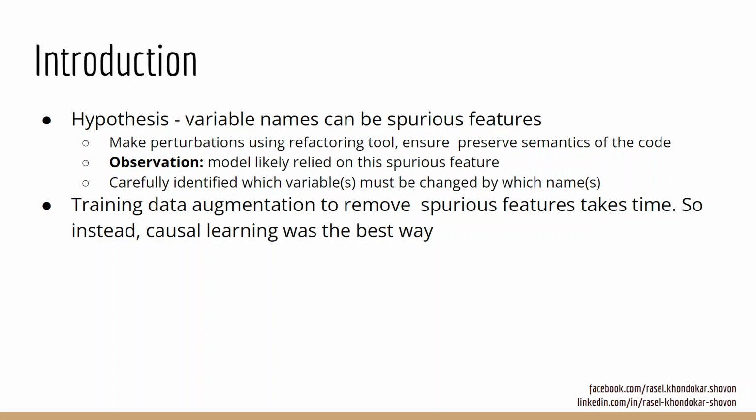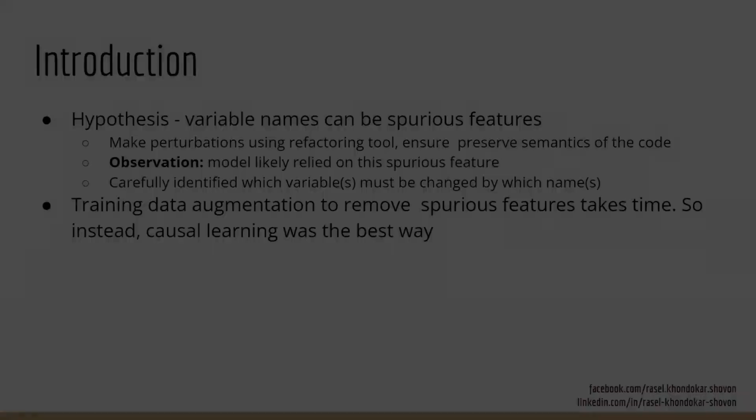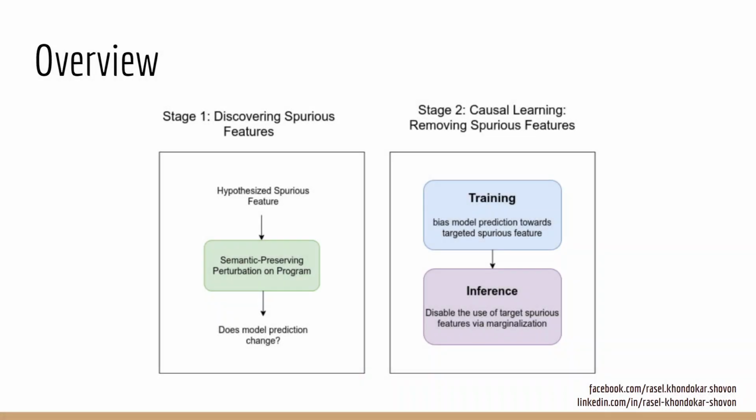So instead of using data augmentation, causal learning was the best way proposed by the author to solve this type of problem. To give an overview of this work, the first stage was discovering spurious features, and in the second stage they removed those spurious features identified by the previous stage.